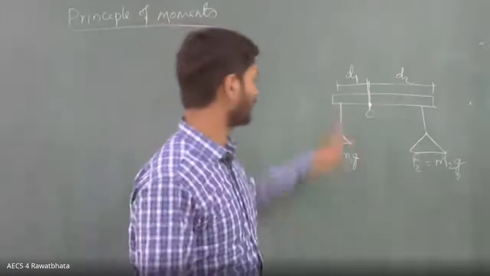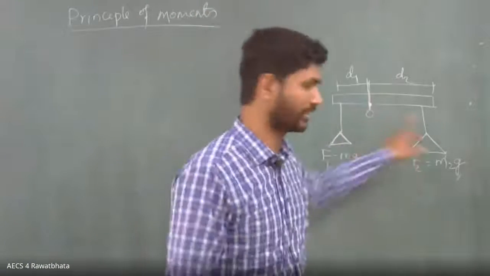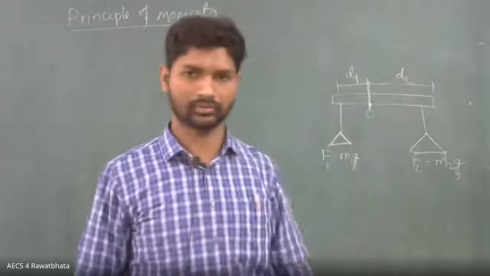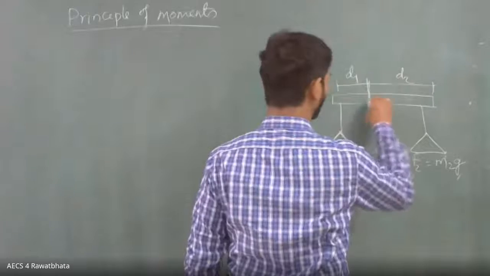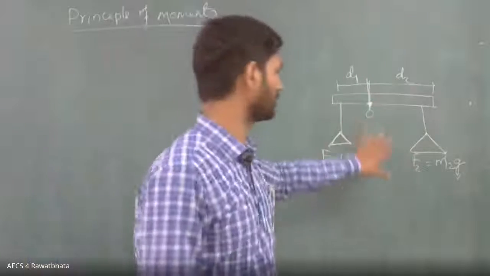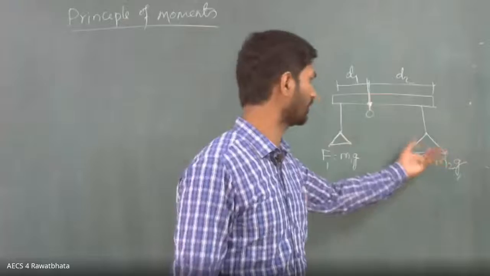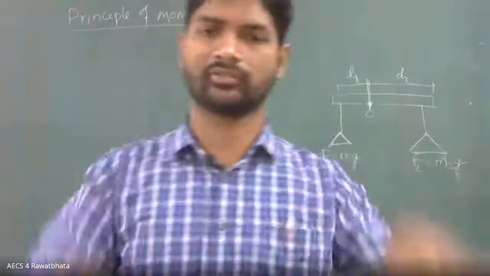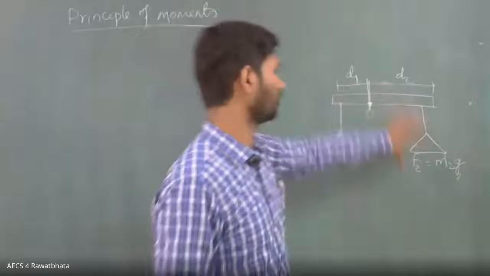Obviously different forces are acting at different points, and the distances are also different, and this is the axis of rotation. If we change the masses or the distances, there will be clockwise or anti-clockwise rotation of the whole system.